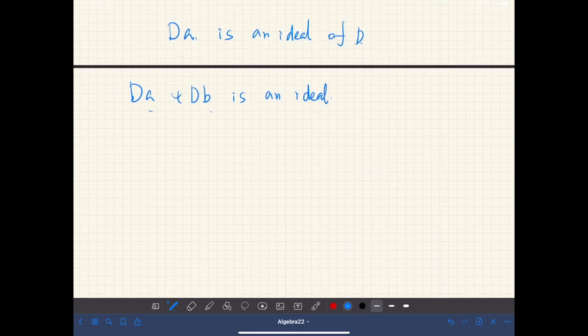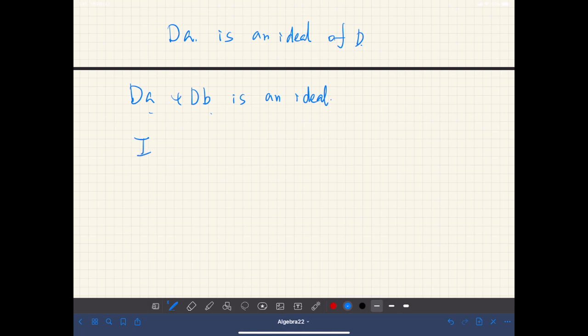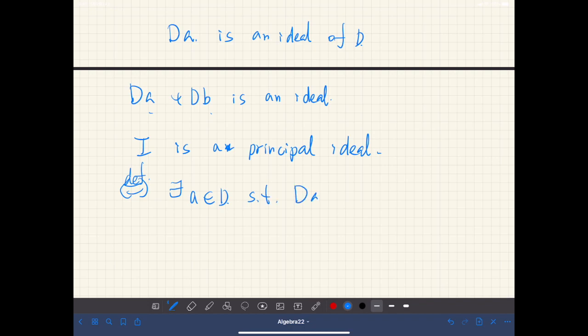And if we say an ideal I is a principal ideal, then this means there exists some element a in D such that the ideal I is expressed as (a).